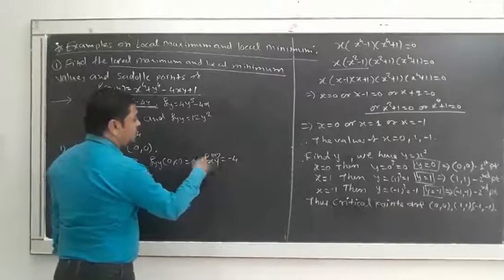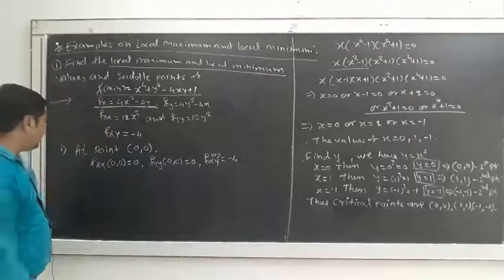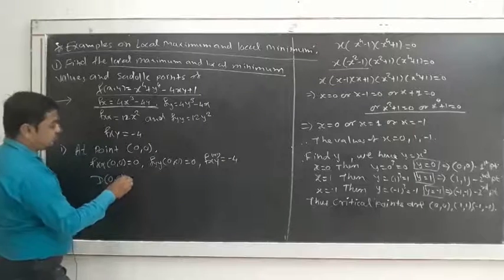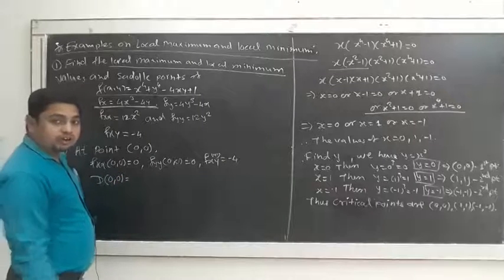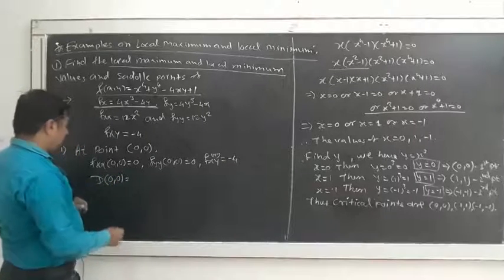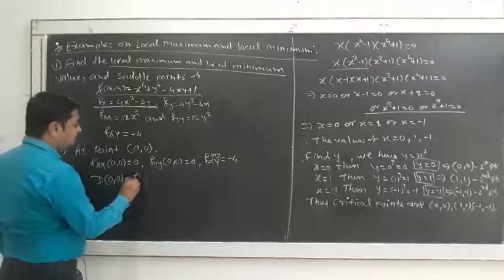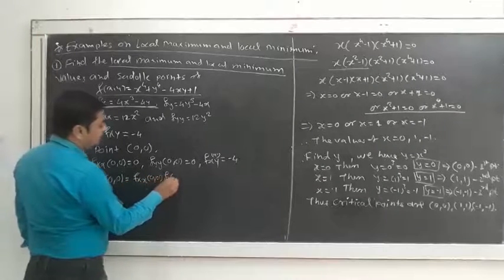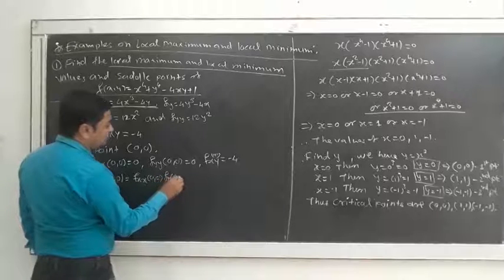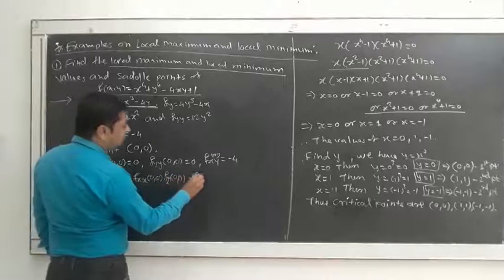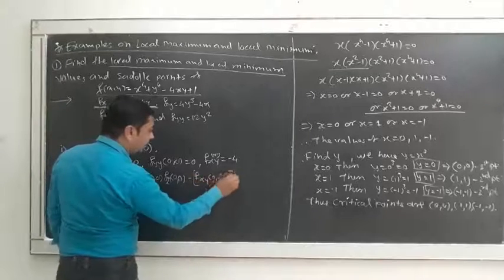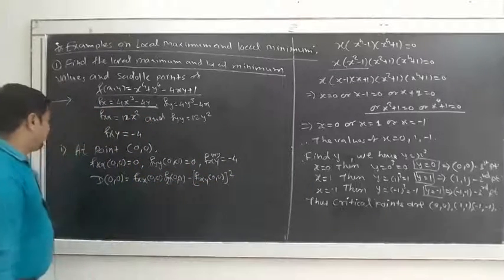And now what is our D at point 0, 0? The formula from the second derivative test is fxx at 0, 0 times fyy at 0, 0 minus the bracket fxy at 0, 0 squared.